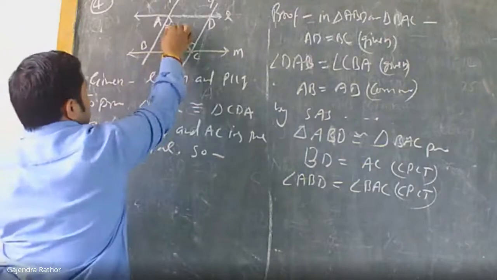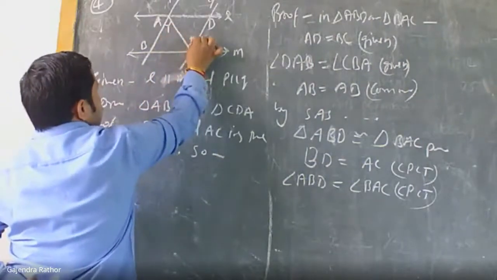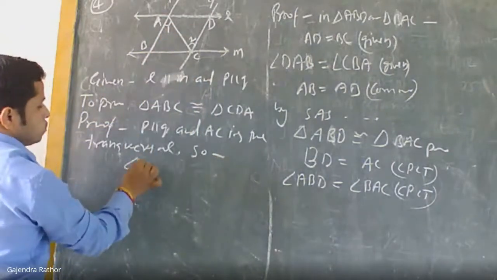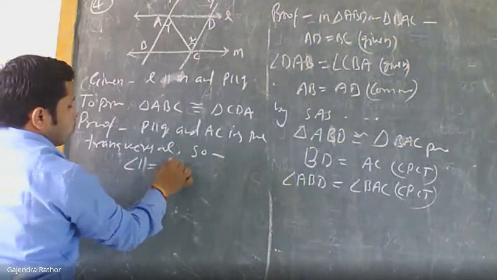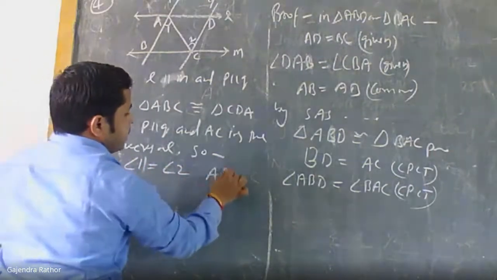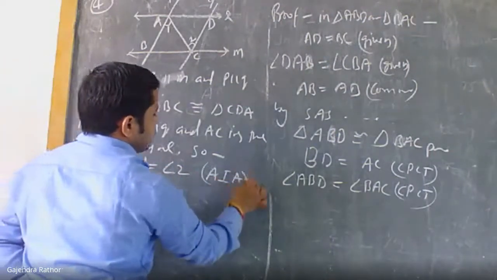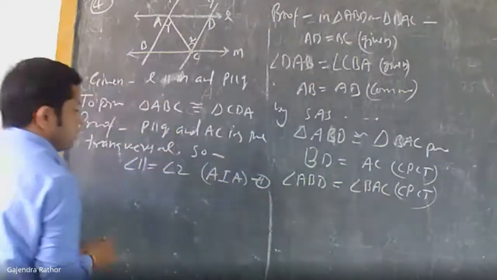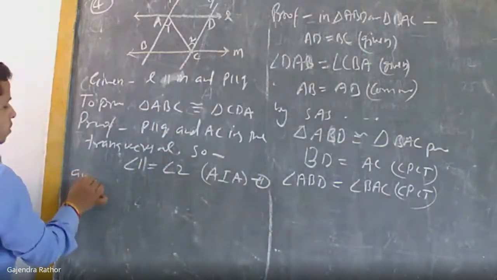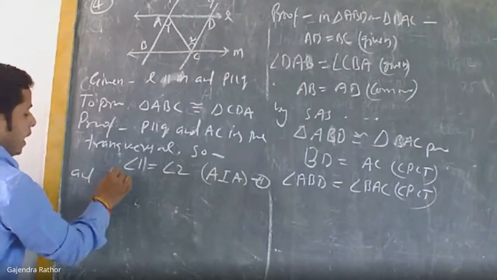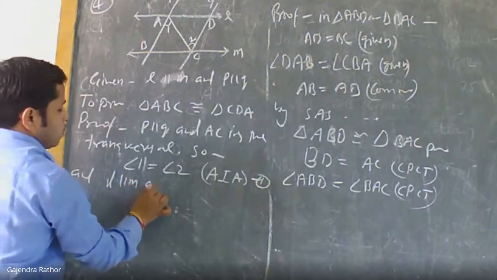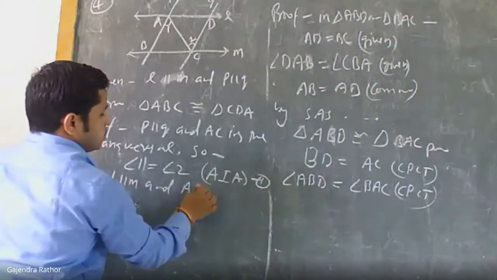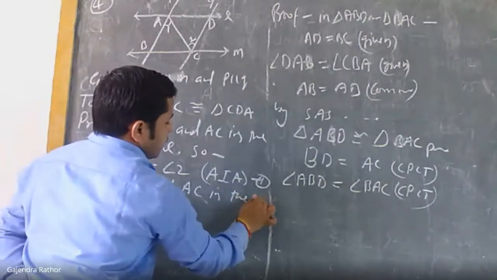So we can name angle 1 is equal to angle 2. Angle 1 is equal to angle 2, alternate interior angles. Equation number 1. And also L is parallel to M, and again AC is the transversal.